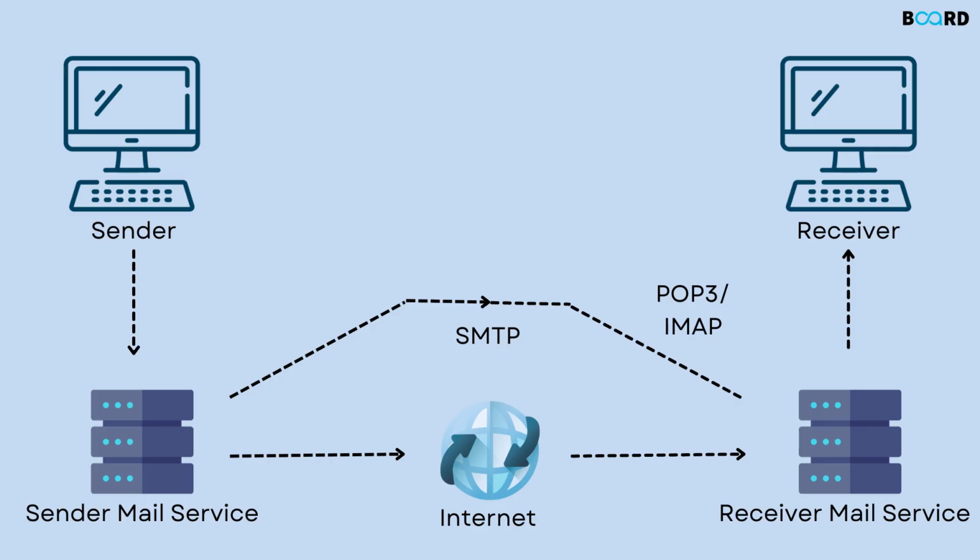MQTT is Message Queuing Telemetry Transport, a lightweight publish-subscribe protocol designed for IoT applications, allowing devices to exchange messages efficiently. Bluetooth is a popular short-range wireless communication protocol, especially Bluetooth Low Energy. It is used by devices like wearables and smart home appliances.